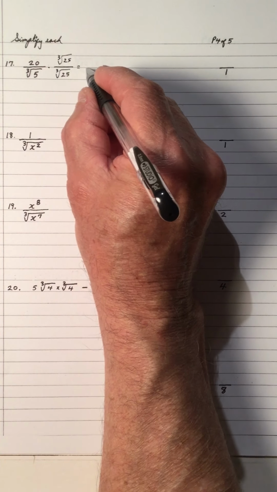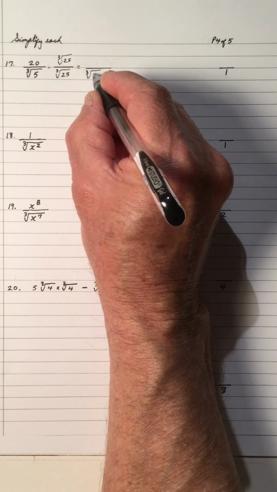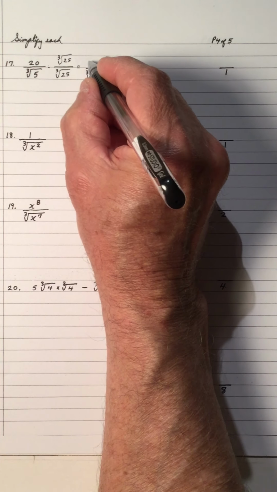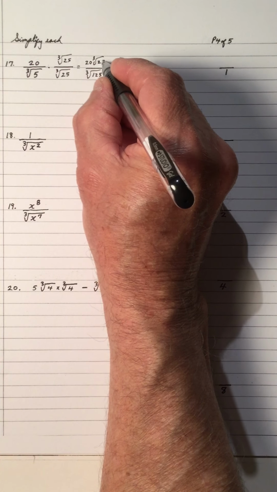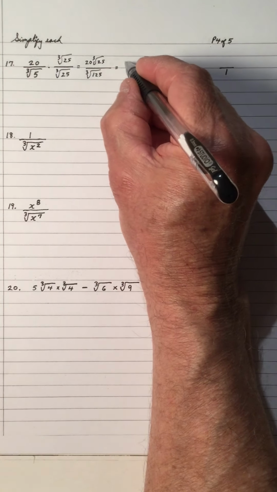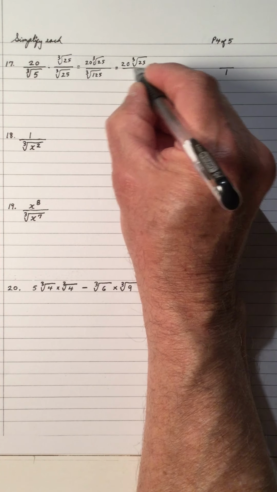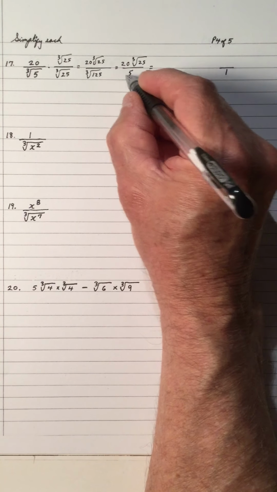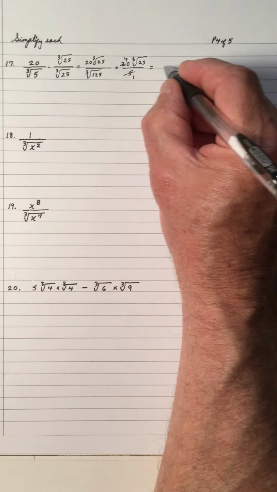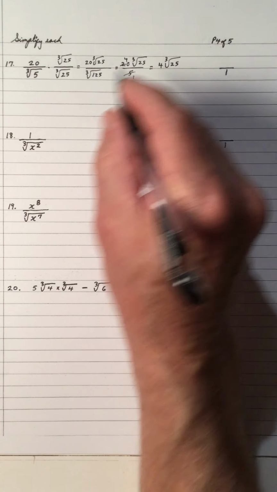Why do I need 25? That's a 5, I need 25, because that gives me the cube root of 125. And that gives me 20 cube root 25. The cube root of 125 is 5, and 5 goes into 20 four times, so that's 4 cube root 25.